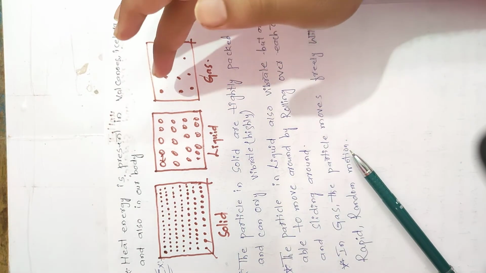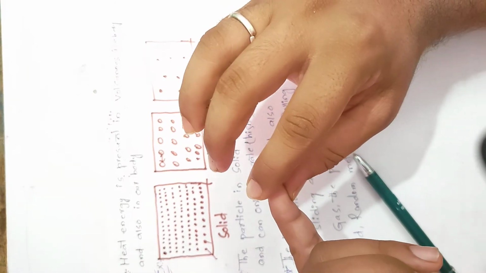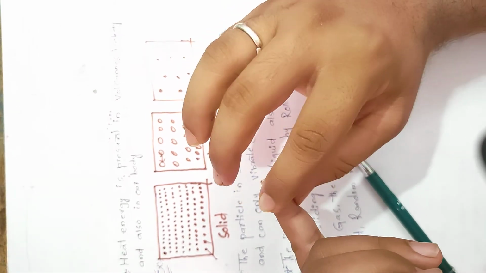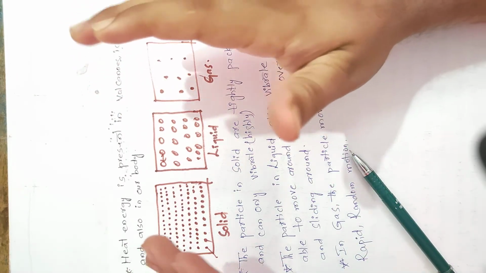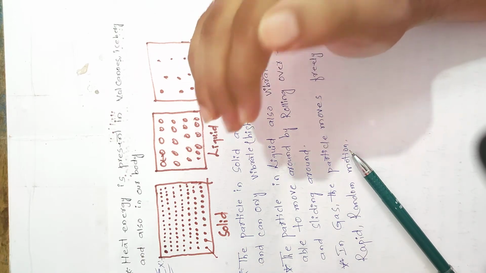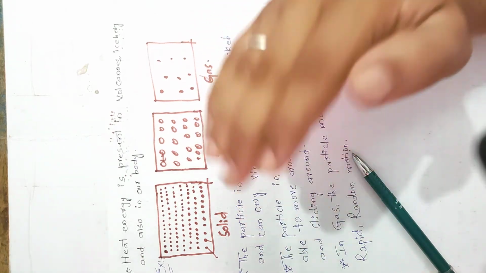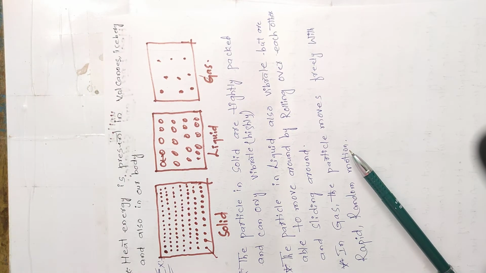What about gas? We know the definition. The gas has neither any shape nor any volume. The force of attraction between the molecules is very less. So in the gas, the particles move freely with rapid random motion. So this is the example of heat energy.